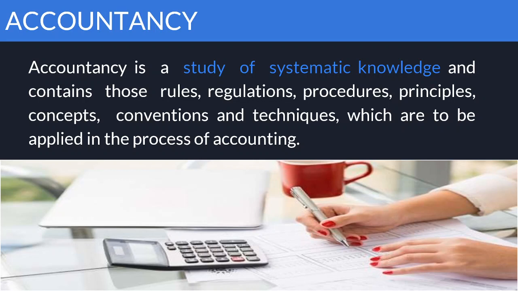So, accounting is a process of identifying, measuring, recording, classifying, summarizing, interpreting, analyzing and communicating, and this process is carried on by following the rules, regulations, etc. provided by accountancy, which is a study of systematic knowledge.